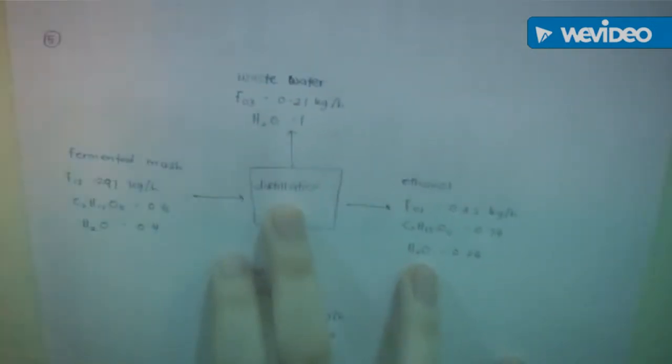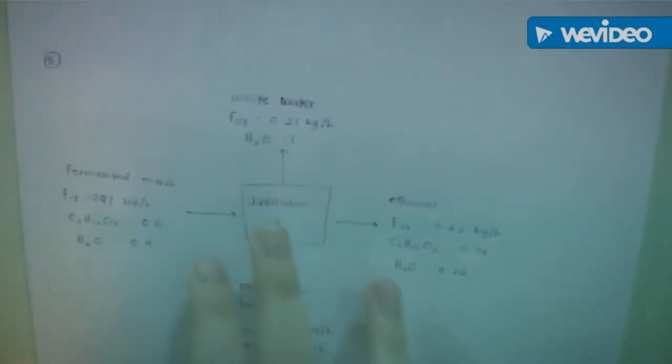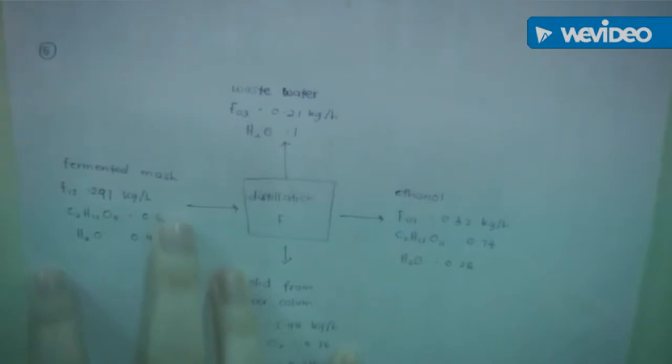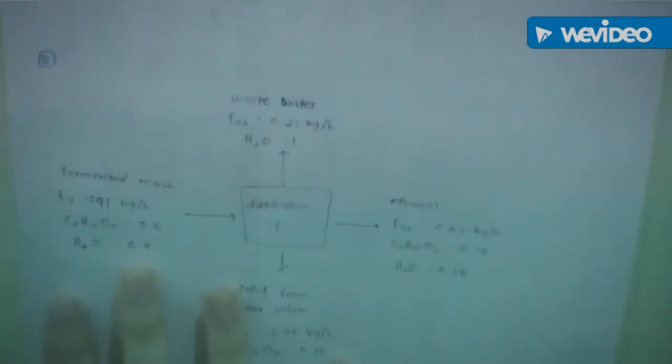And for the fifth process, which is distillation, fermented mash enters this process with flow rate 2.97 kg per hour with sucrose 0.6 and water 0.4.